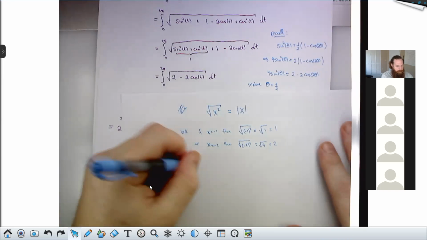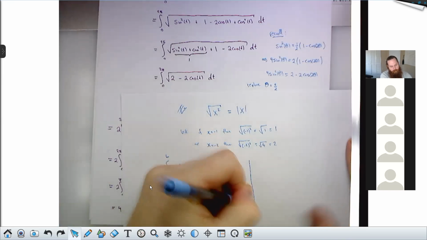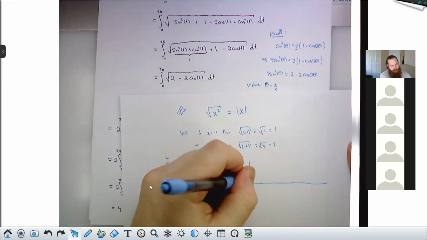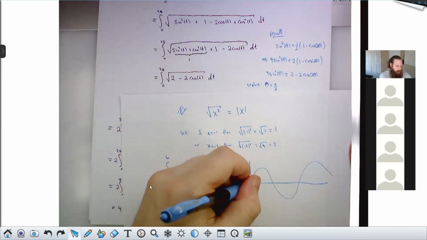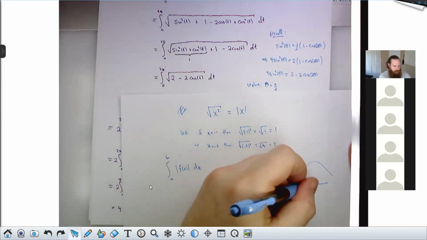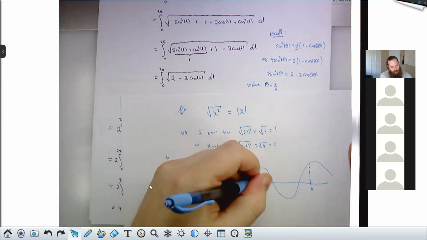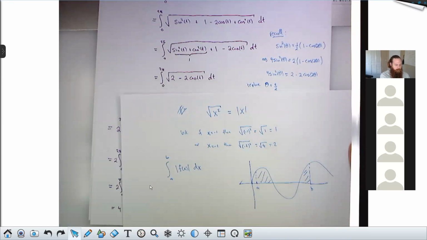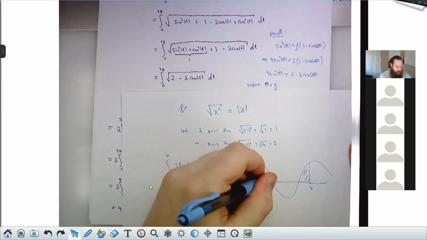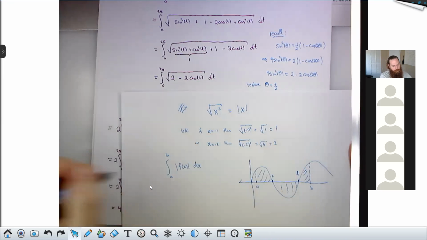And then something you may or may not remember from Calc 1: if you want to integrate the absolute value of a function, maybe a is here, and maybe b is over here. These pieces are already positive, but I would have to break it up to make this piece positive as well.